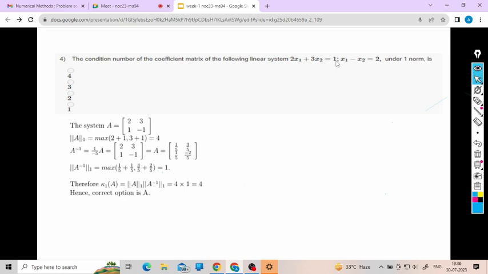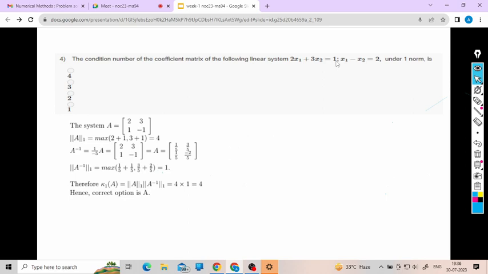You can generalize it to norm P also, and there is norm infinity, which is max over i of the summation from j equals 1 to n of modulus of a_ij. You have to sum over the elements and take the max. These are the basic norms you will be using, but generally you will be using norm 1 only.